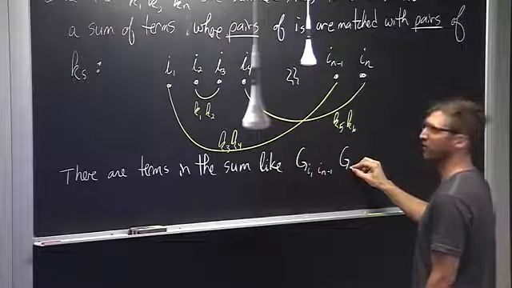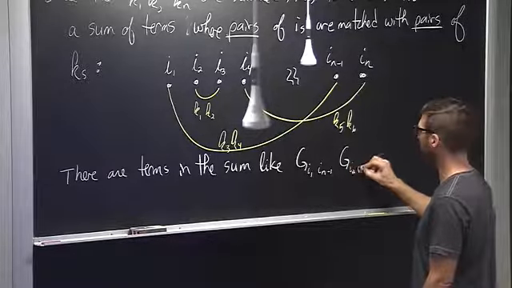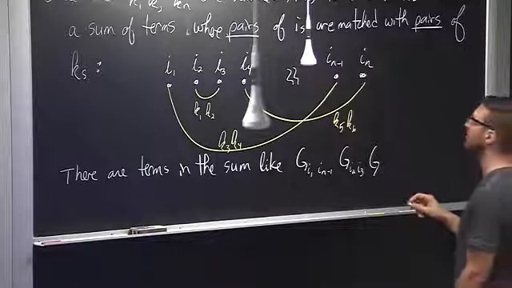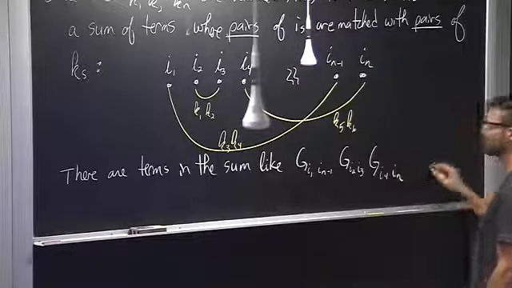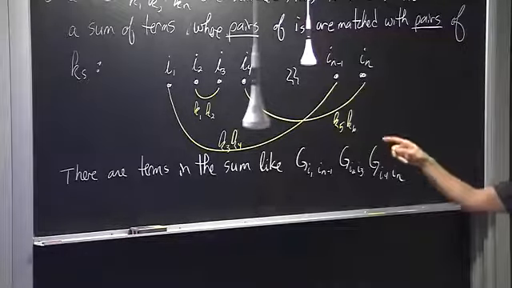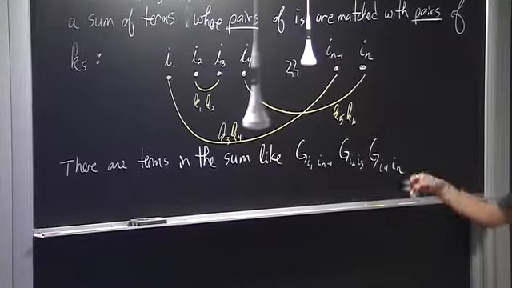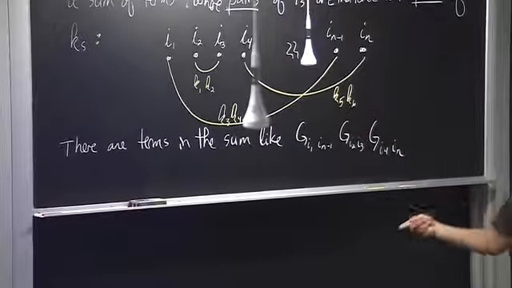I'm doing it out of k order, but it doesn't matter. So it's I2, I3, and then it'll be like 4 and n, right? Okay, so that's kind of what I drew here, the indices on the g's. So there's terms in the sum like this, and of course there's n of them, but I only drew 3 of them. But then how many are there?